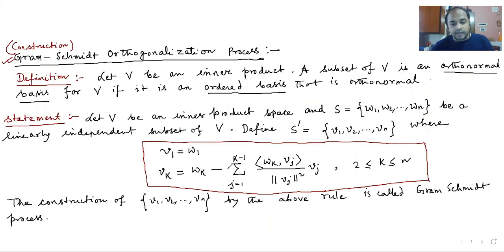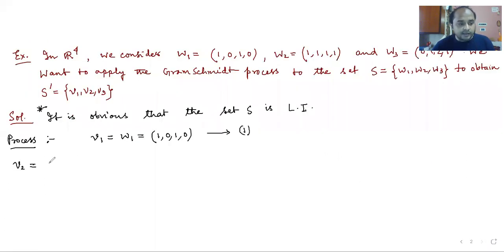Vk is Wk minus summation j goes from 1 to k minus 1, inner product of Wk and Vj by norm Vj square, into Vj. That is the formula. So we shall write W2 minus, put a bracket, summation j goes from 1 to 2 minus 1, inner product of W2 and Vj by norm Vj square into Vj.